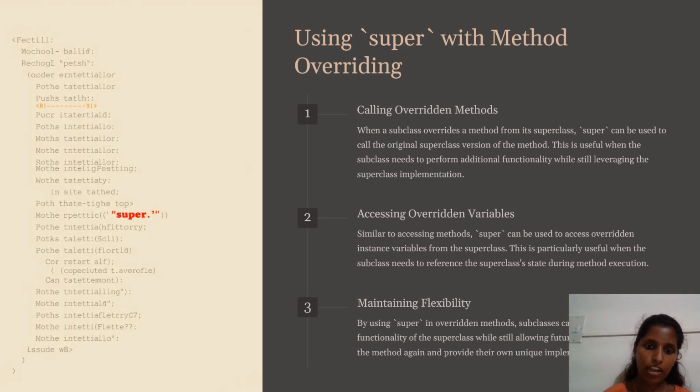Maintaining flexibility. By using super in an overridden method, subclasses can extend the functionality of the superclass while still allowing future subclasses to override the method again and provide their own unique implementation.